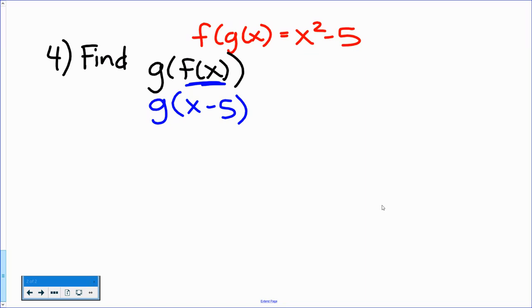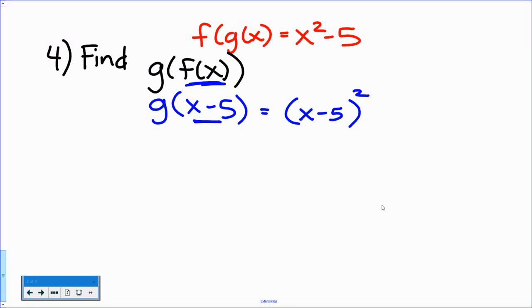In g of x, my equation is just x squared. So where I see the x squared, I'm replacing that x with x minus 5. I have an input squared. Normally that would be x, but what am I replacing it with? x minus 5.